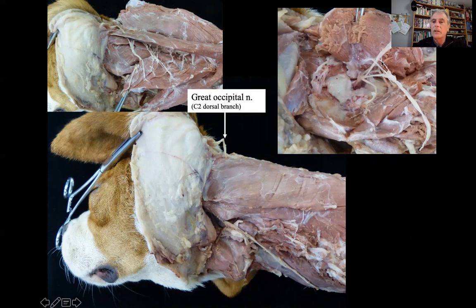So this great occipital nerve goes on top of the obliquus capitis caudalis, goes dorsal to the rectus capitis dorsalis, and then goes through all the rest of the muscles in order to reach the skin, right? This belongs to the spinalis and semispinalis capitis, right?